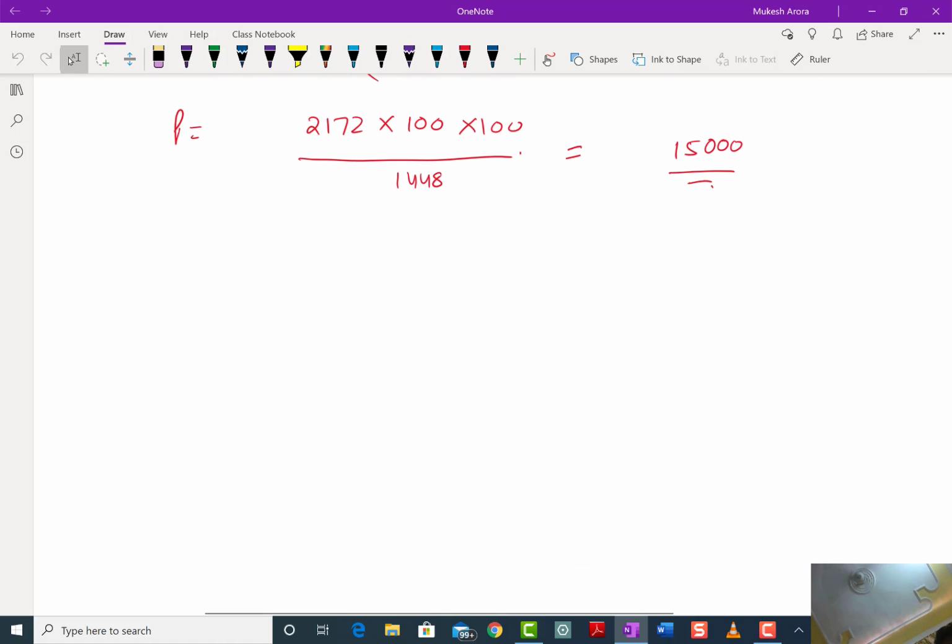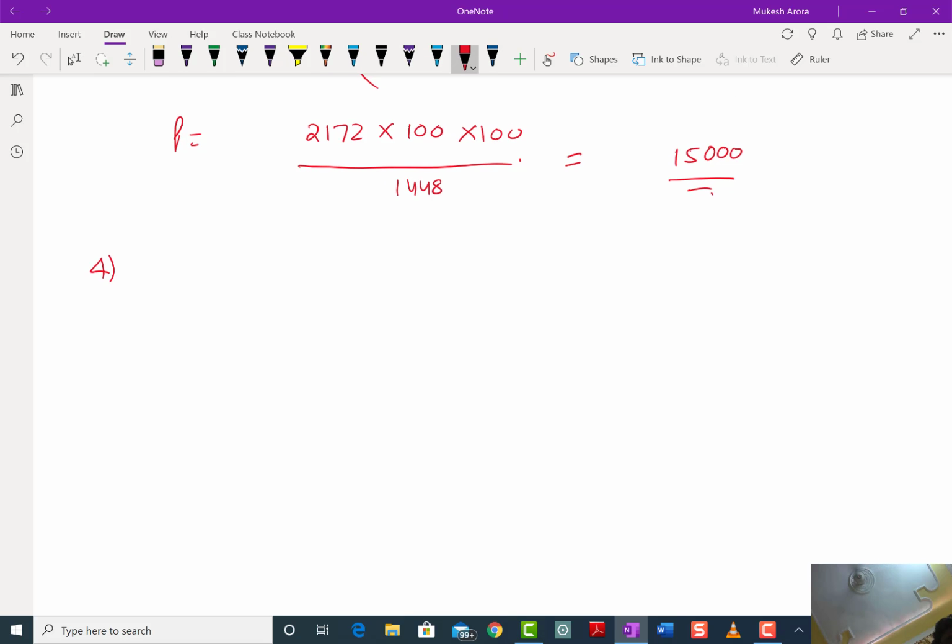So now the next sum is: the compound interest on a certain sum of money at the rate of 5% for 2 years is rupees 246.